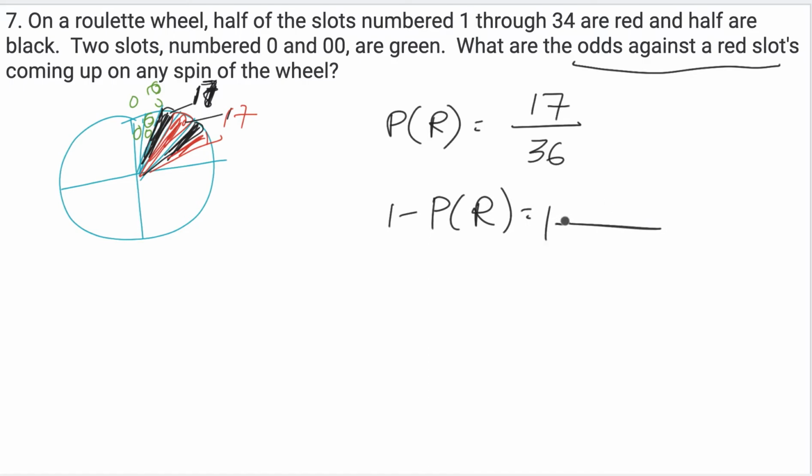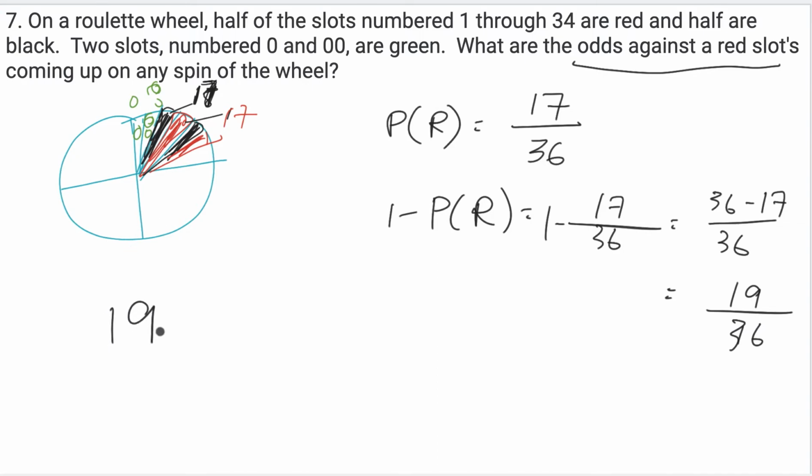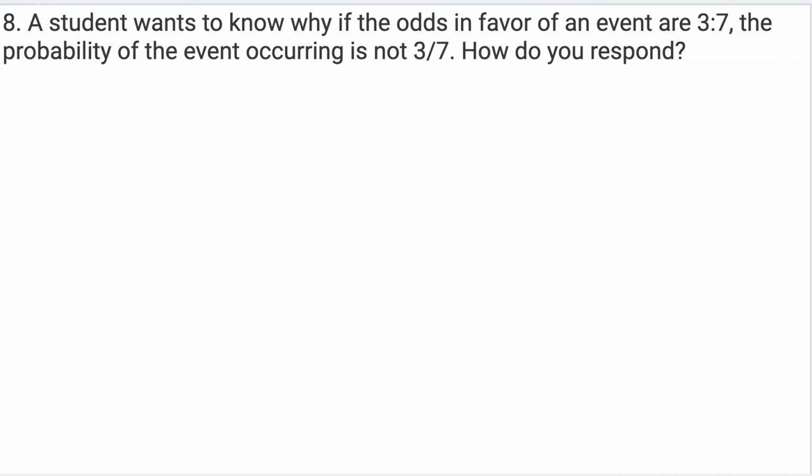You can do 1 minus 17 over 36. 36 over 36 is 1, minus 17 over 36 is 19 over 36. So not going to happen is 19, and it's going to be red is 17, right? So odds against red is 19 to 17. By now you need to know what odds against or odds in favor mean.